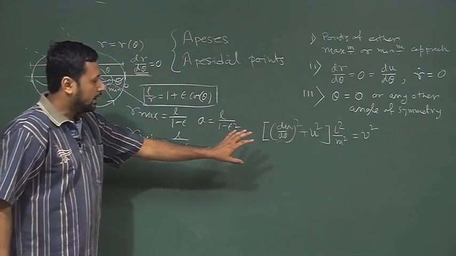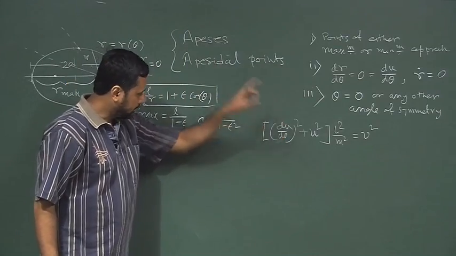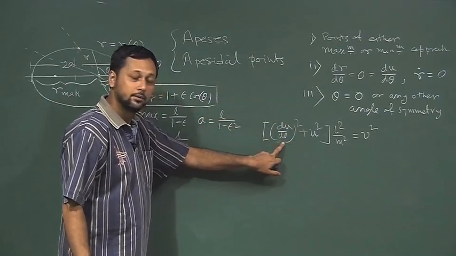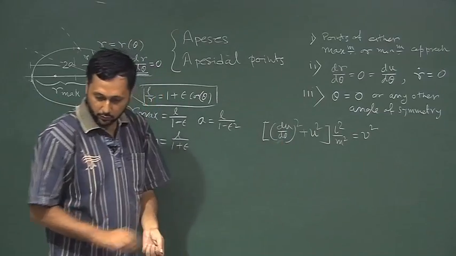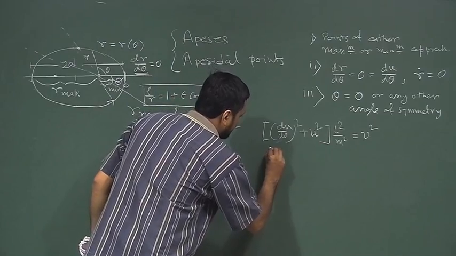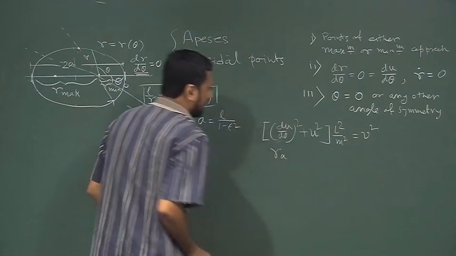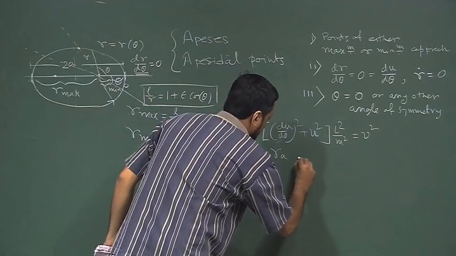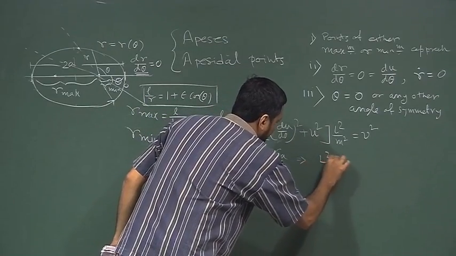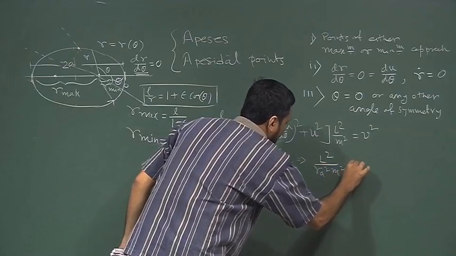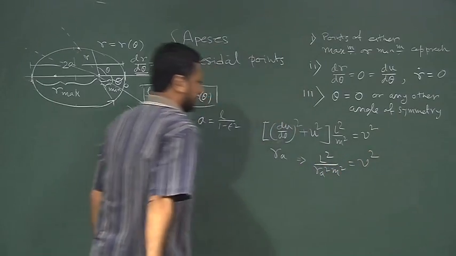Now, when the particle hits an apsidal point during the trajectory, the du d theta term vanishes. So, at a particular point, if we write an apsidal distance by r a, then we immediately see from this relation that L square by r a square m square is equal to v square.